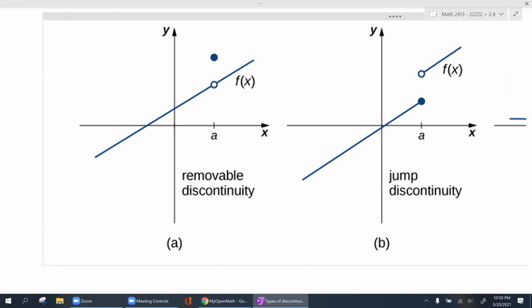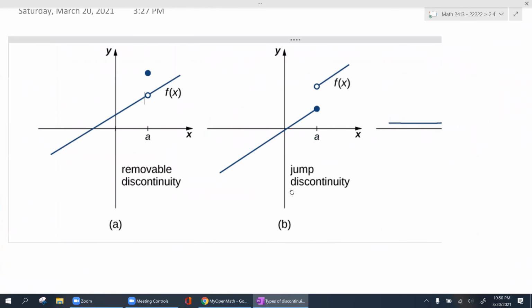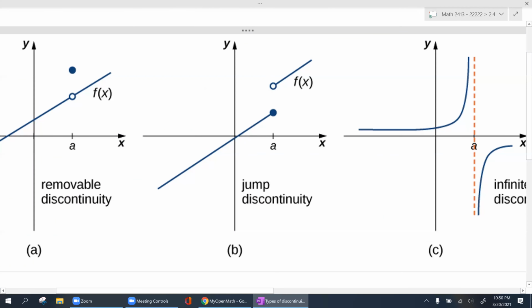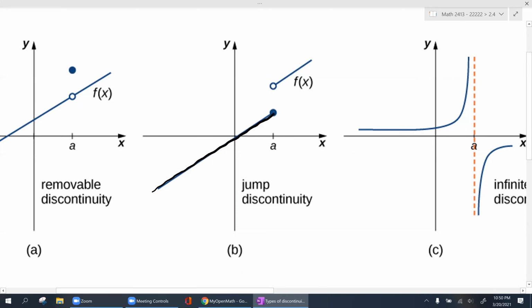There's no point there at that a value. We have other ones known as jump discontinuities. This is an example, where you're drawing with your pencil, then you lift it up vertically, and then you continue.